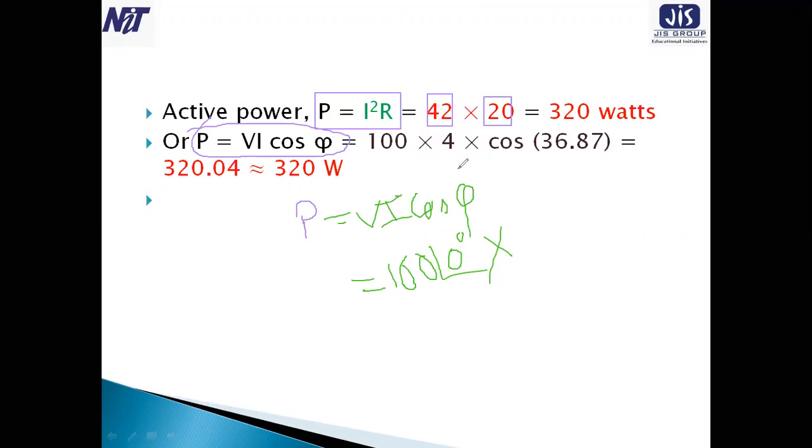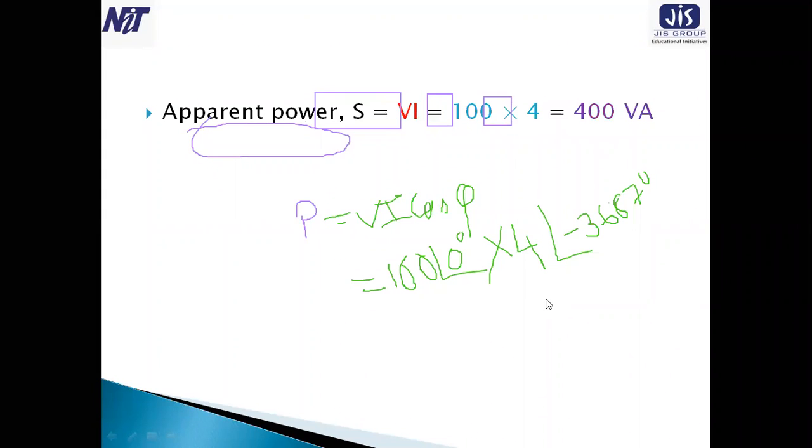And I is 4 angle minus 36.87 degree, and then the value of cos phi. We already found the value of phi in our previous lecture.